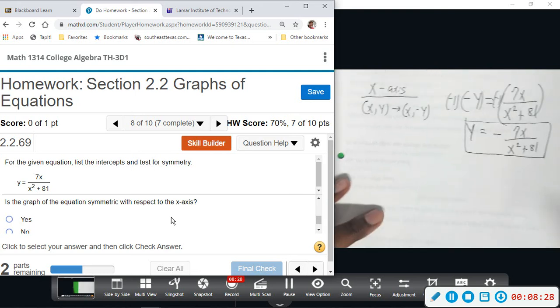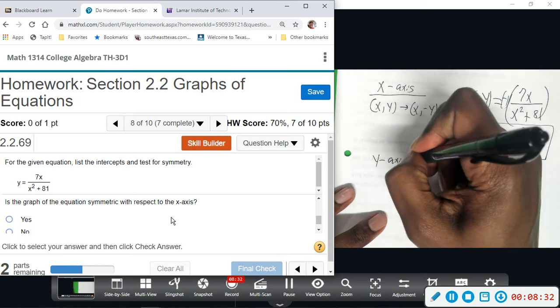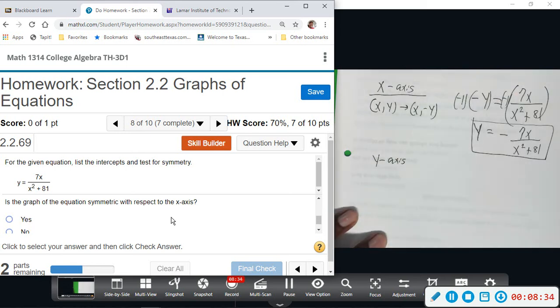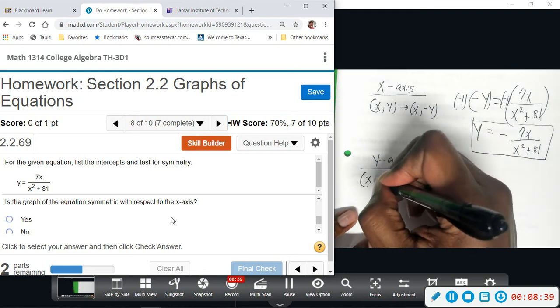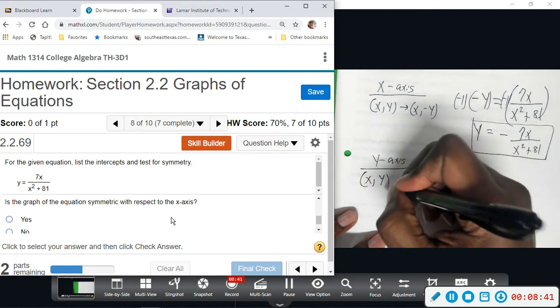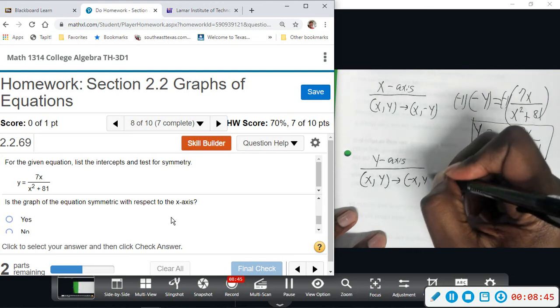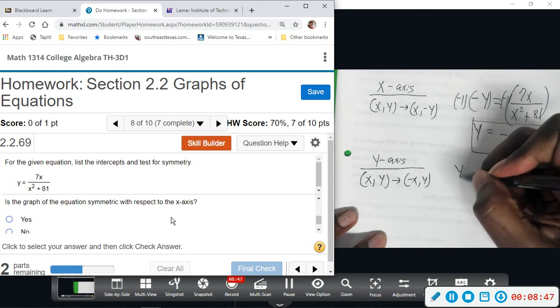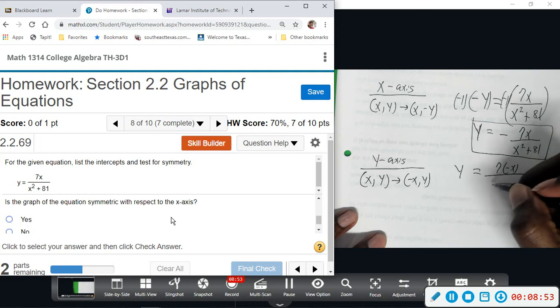Alright, now we're going to do y-axis. Y-axis, remember, we're going to change the x value negative this time. Always the opposite. So that would be y equals 7 times negative x over negative x squared plus 81.